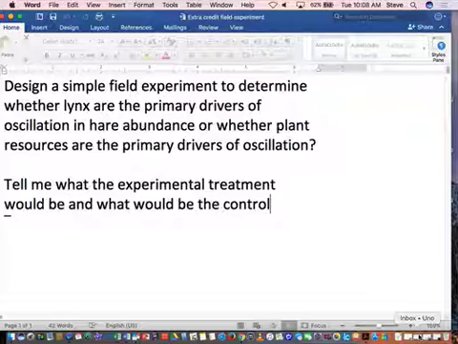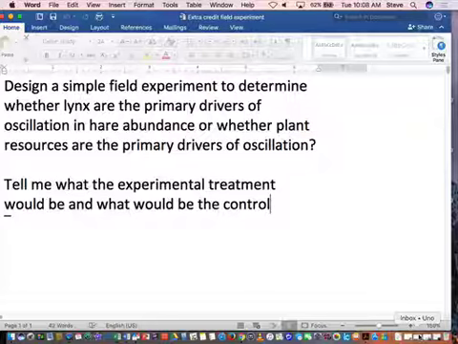Design a simple experiment to determine whether lynx are the primary drivers of oscillation in hare abundance, or whether plant resources are the primary drivers of oscillation. I want you to quickly, briefly tell me what experimental treatment you would design to distinguish between those two.